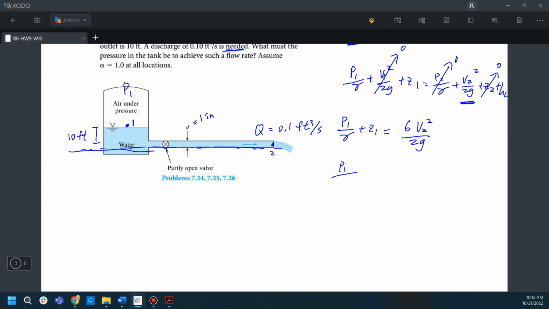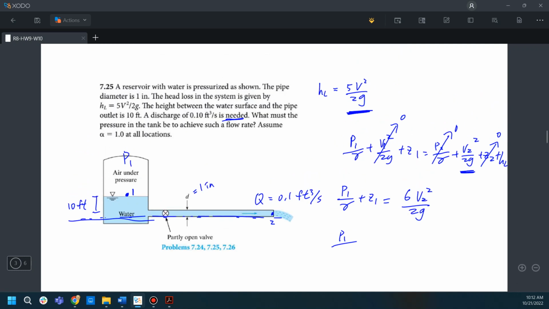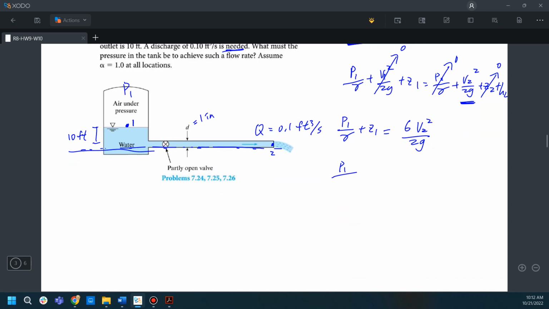Gamma, this is water, right? Yeah. So gamma will be 62.4 pound force per cubic feet.